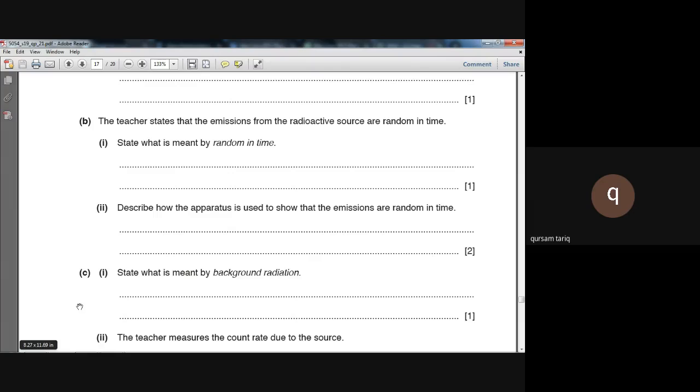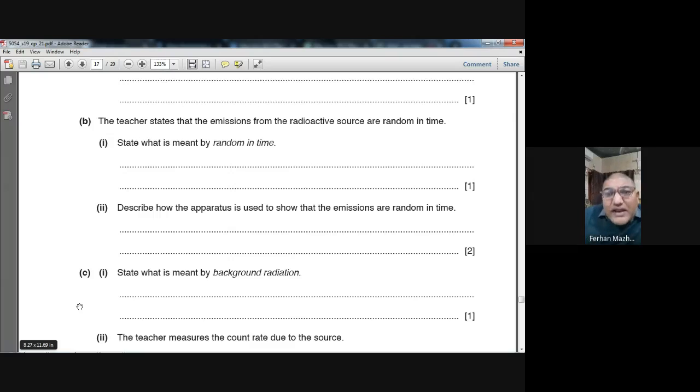The next part is: describe how the apparatus is used to show that emissions are random in time. Now that is the question. After specific periods of time, for example, you are taking a reading after 5 minutes. So after a specific time period, you are taking the reading.